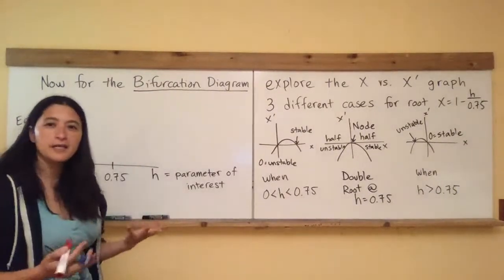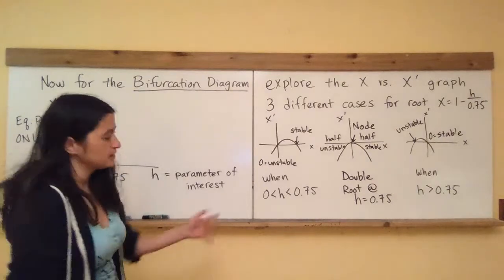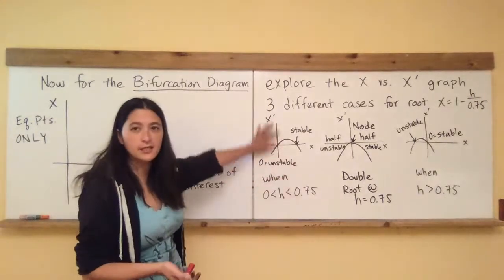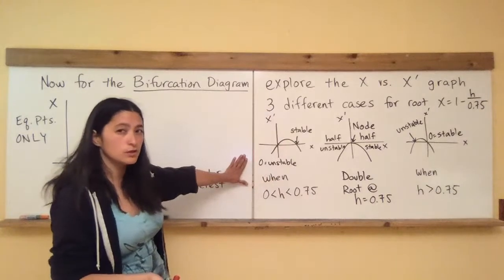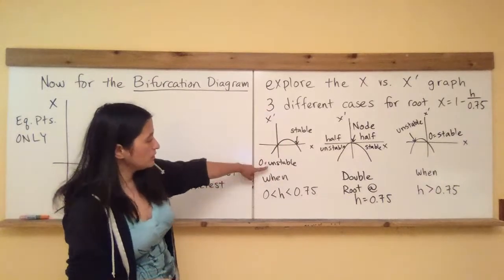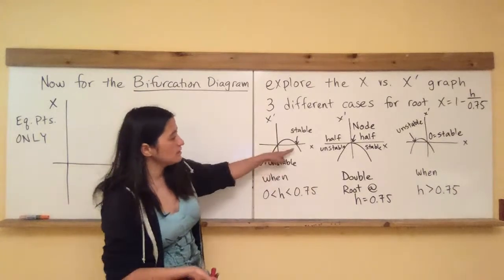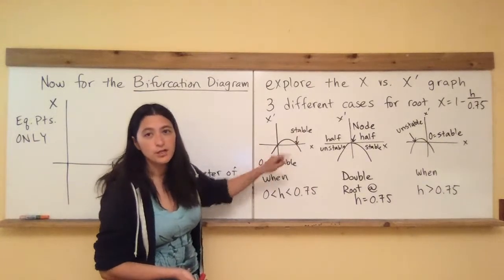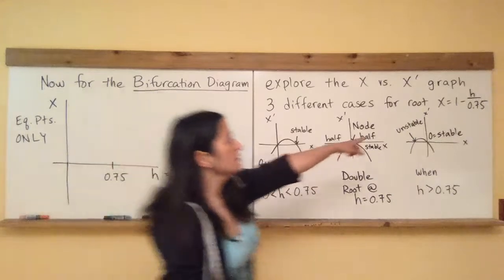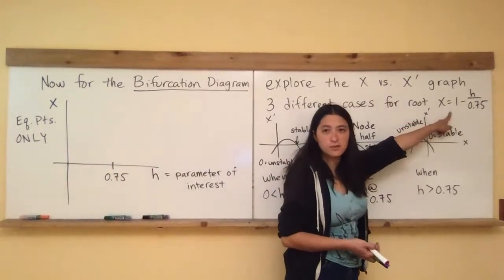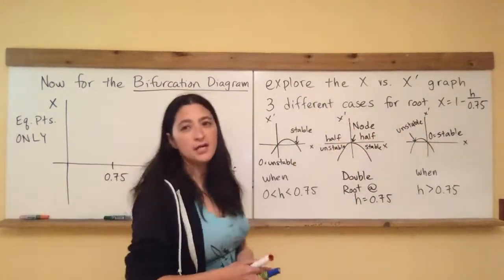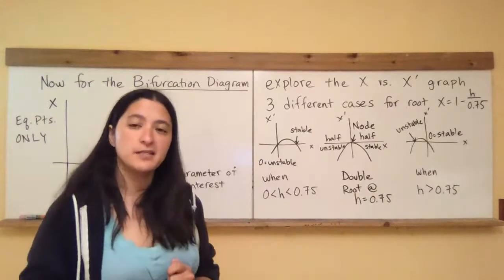Let's just go by this case by case. Really, there's 3 cases. Let's start with this case here, where we have our usual logistic model dynamics, where we have an unstable equilibrium point at 0 for extinction, and then we have a stable equilibrium point, which is located at (1 minus h) over 0.75, and that is a replacement for the carrying capacity.